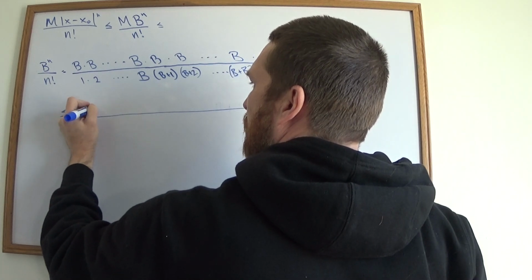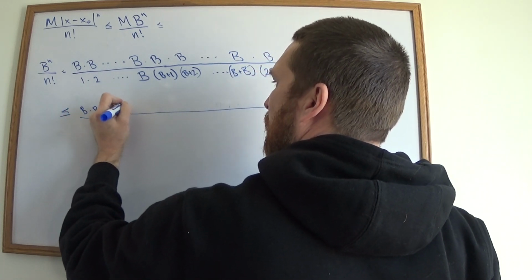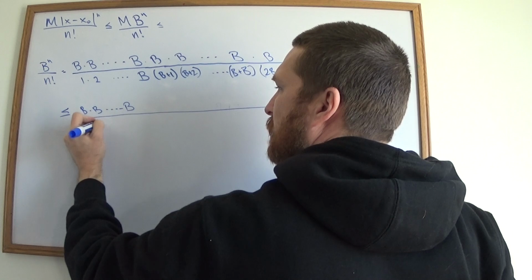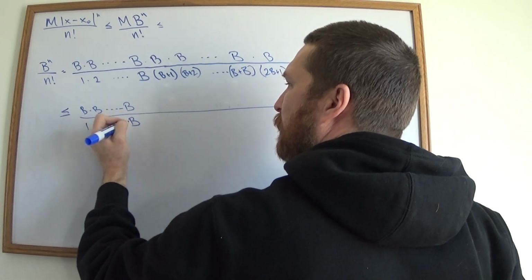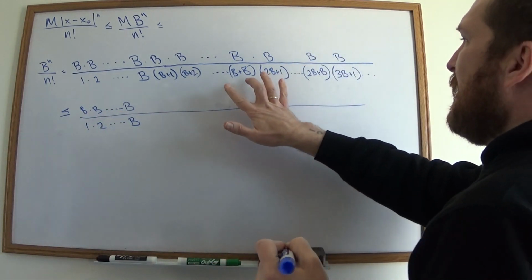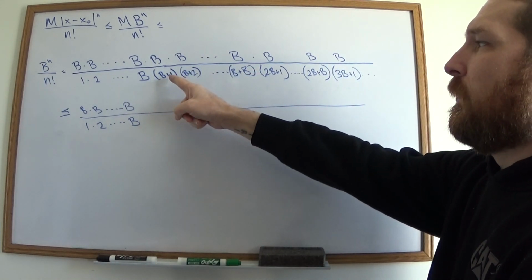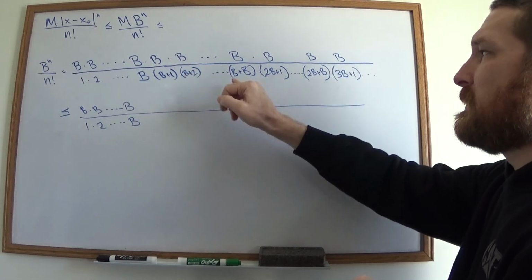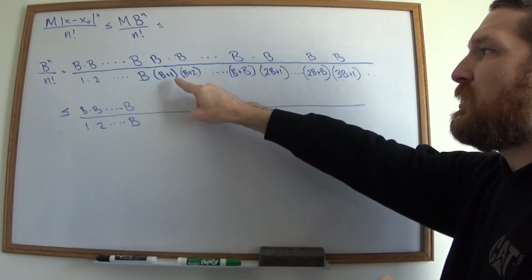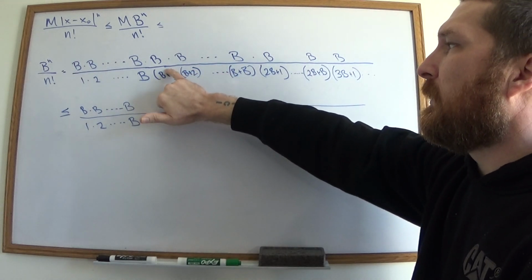So here's the 1 times 2 all the way up to b right there. Now for each one of these, all b of them, because there's b plus 1, plus 2, plus all the way up to plus b, each one of those I'm going to make smaller.